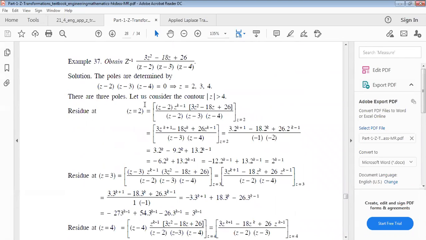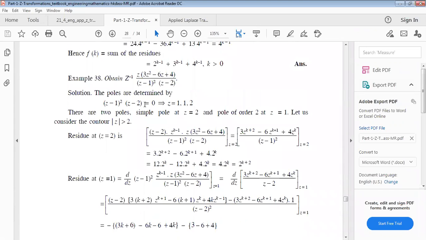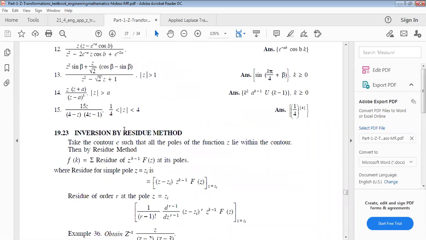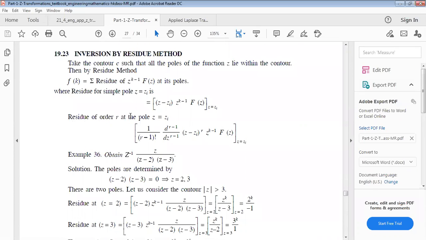Okay, for 38, observe that the poles are determined by this. Now the residue at z equals 2, actually this is the second order, right? The second order, r equals 2. This is why you have to use this one, the residue of order r at pole z equals z i will be this. You have to use this method.